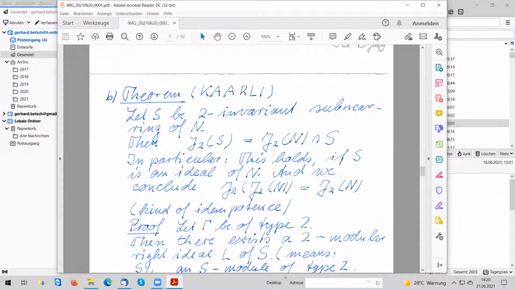This is a kind of idempotence: if we apply this operator J2 twice, it turns out to be the same as applying it once.